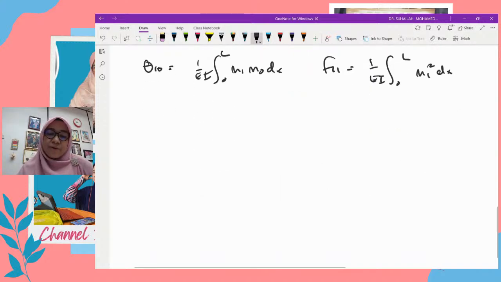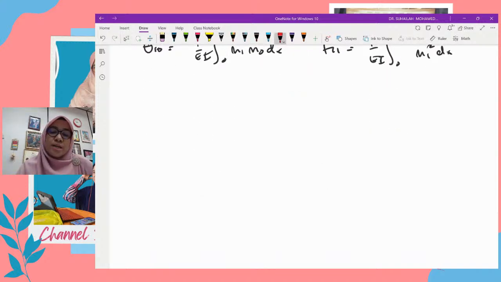So we will have two frames. One is called the primary frame, and another one is called the redundant frame.